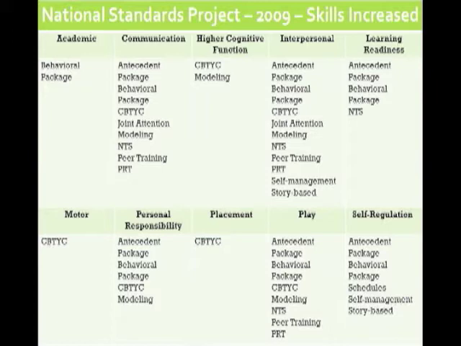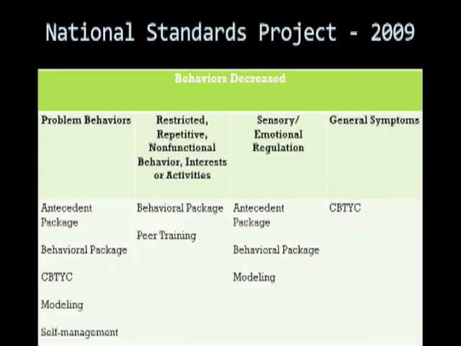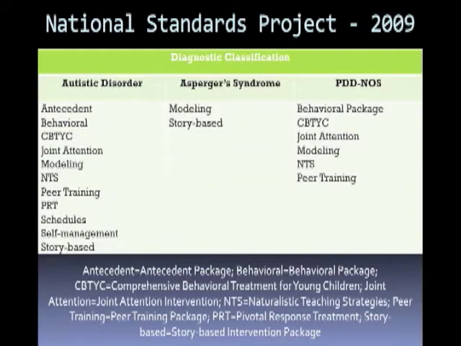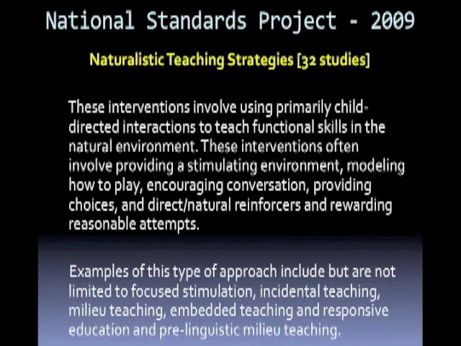And so if we're wanting to use a strategy like a visual rule, there's nothing specific that says visual rules are an evidence-based practice in autism. You can see on the National Standards Project, there's nothing that says this is an effective strategy for individuals with autism. But what it does say is it gives us strategies for teaching that are effective.